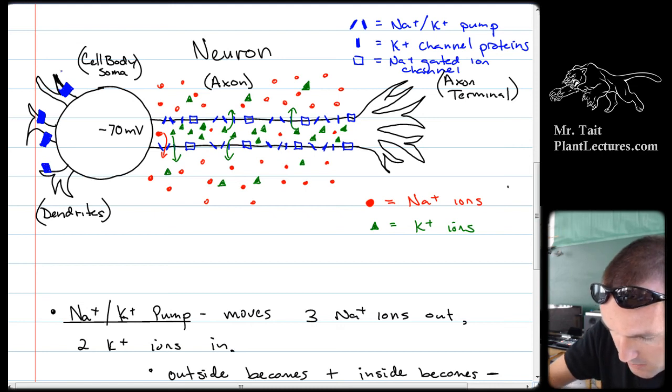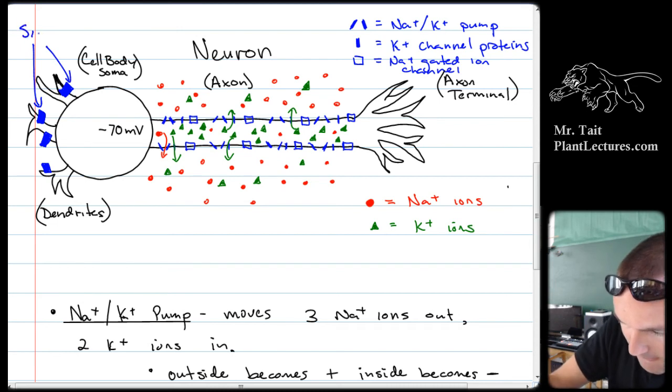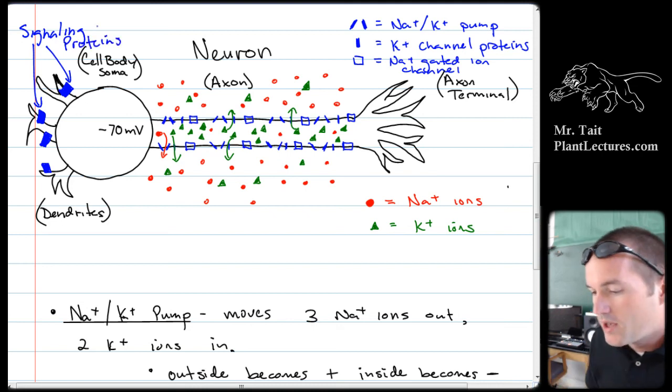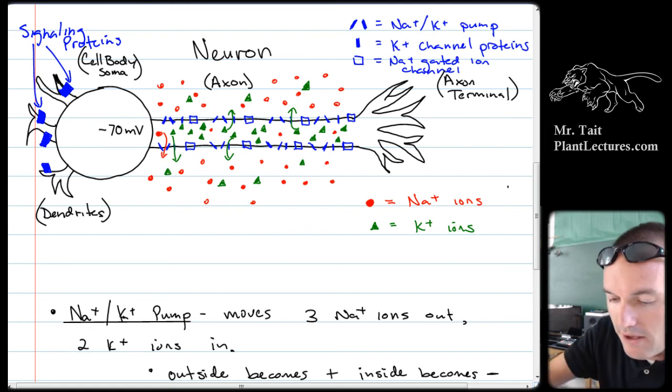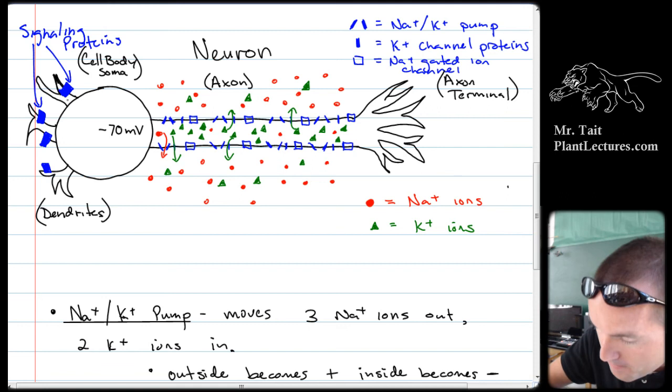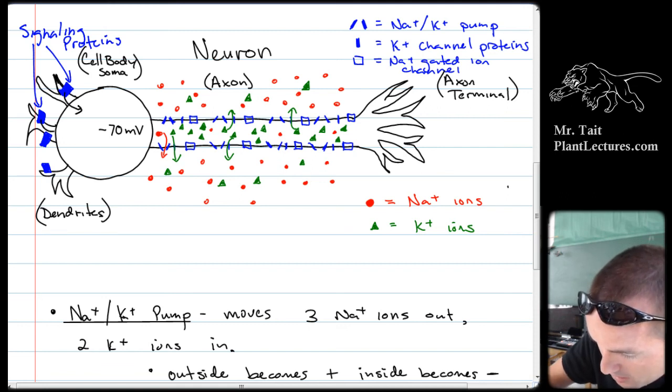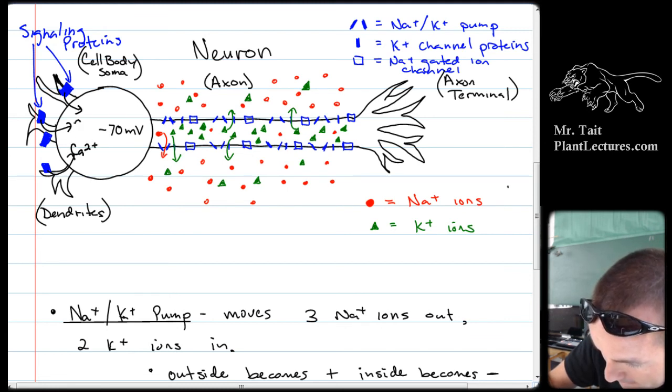These are signaling proteins. So when they get bumped, those things are going to release Ca2 plus ions into the cell, into the cell body. So they get bumped, they get stimulated, and they release these Ca2 plus ions. That's calcium.